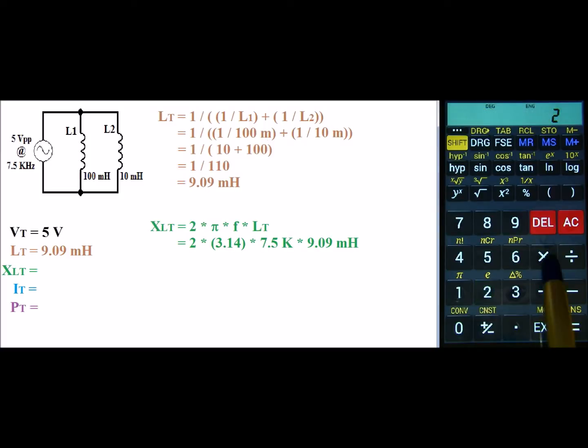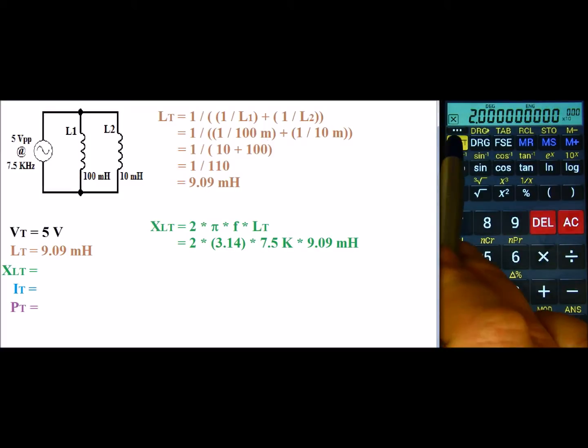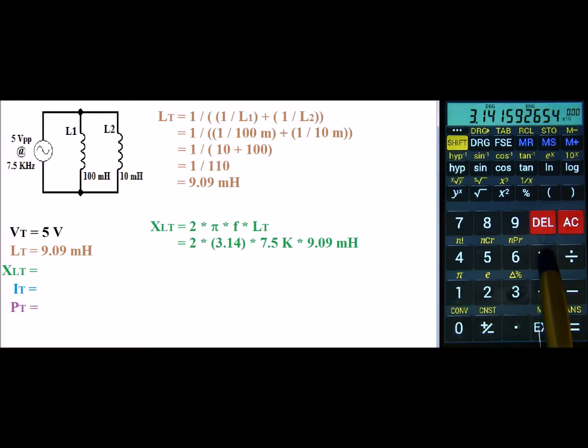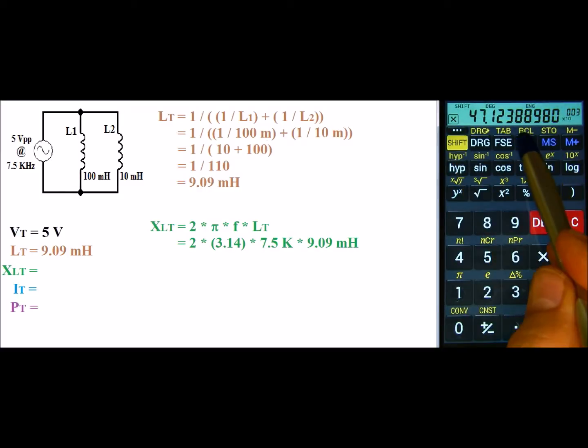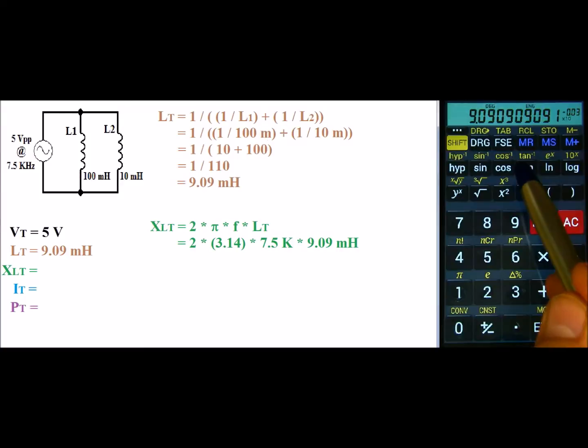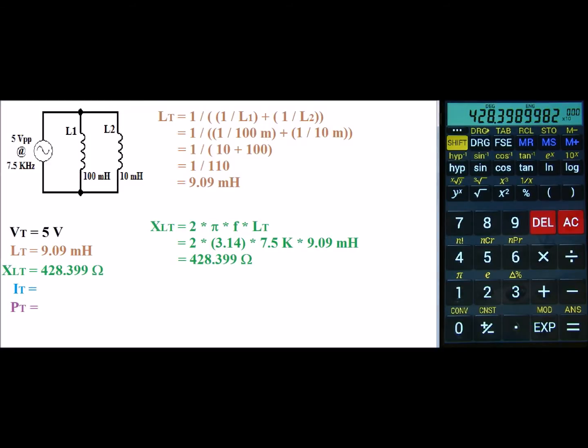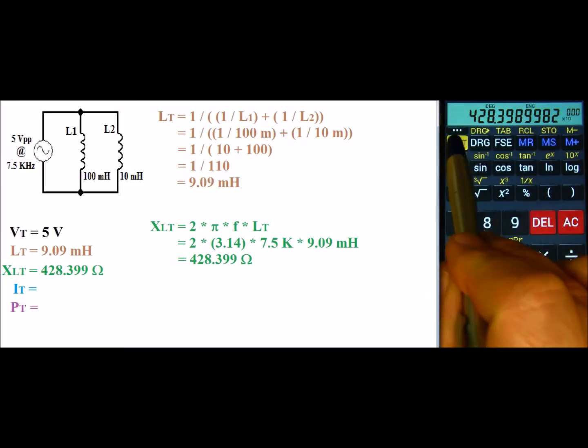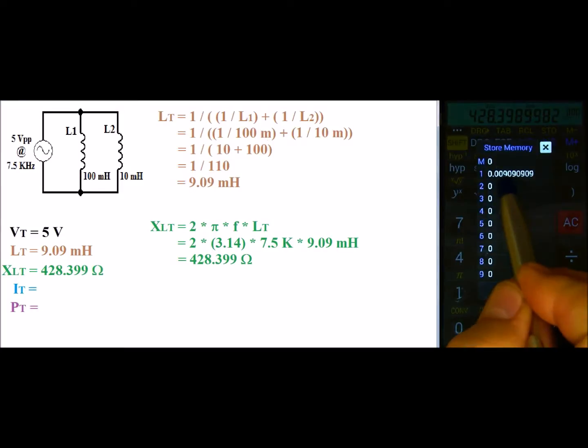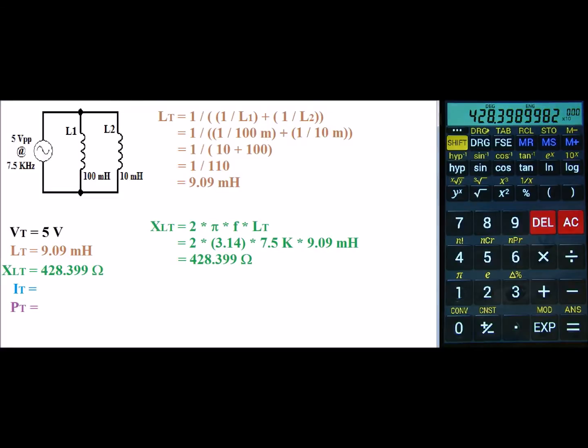So we have 2 times pi times 7.5 exponent 3 times, and we'll recall our value. And what we have is 428.399 ohms. I'll store this value in the calculator.